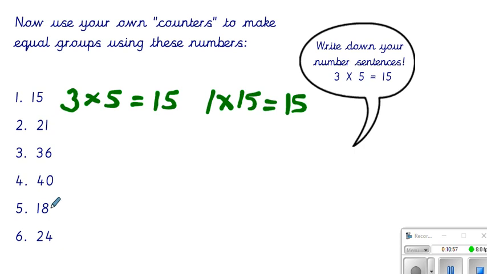For 18, 1 times 18. 2 times 9. 3 times 6. And for 24, 1 times 24. 2 times 12. 4 times 6. Or 8 times 3. Did you manage to get them all?